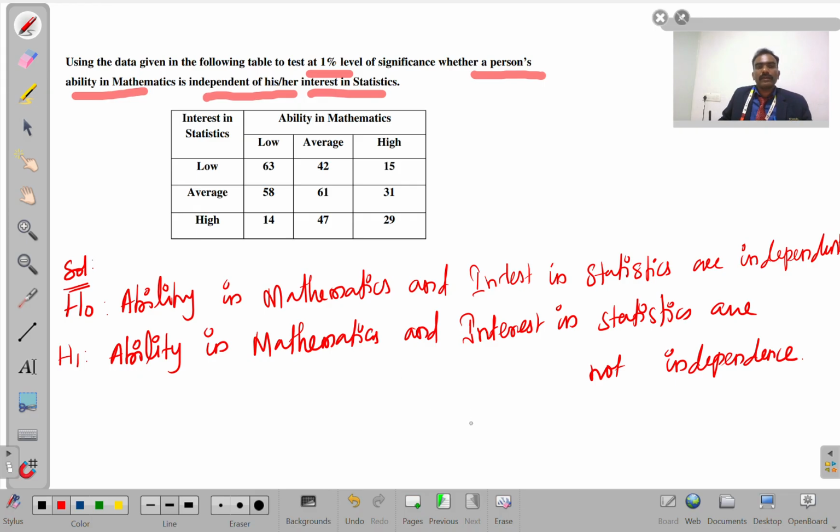Once you define H1 and H0, then go for the expected frequency. Here they have given us the observed frequency. We need to find the expected frequency using this given table. So how can we find the expected frequency?